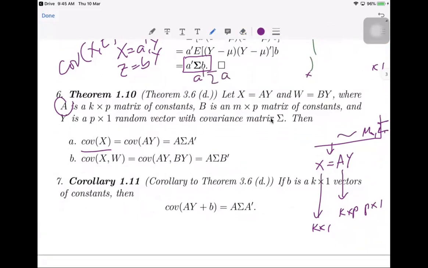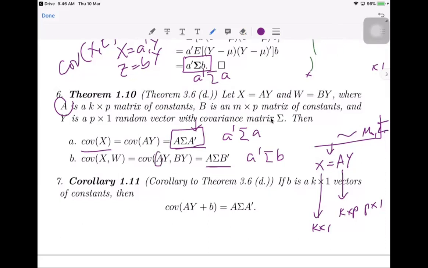However, for matrices, the transpose is placed differently: for a vector it is A prime sigma A, but for a matrix it is A sigma A prime. For a vector it is A prime sigma B, but for a matrix it's A sigma B prime.